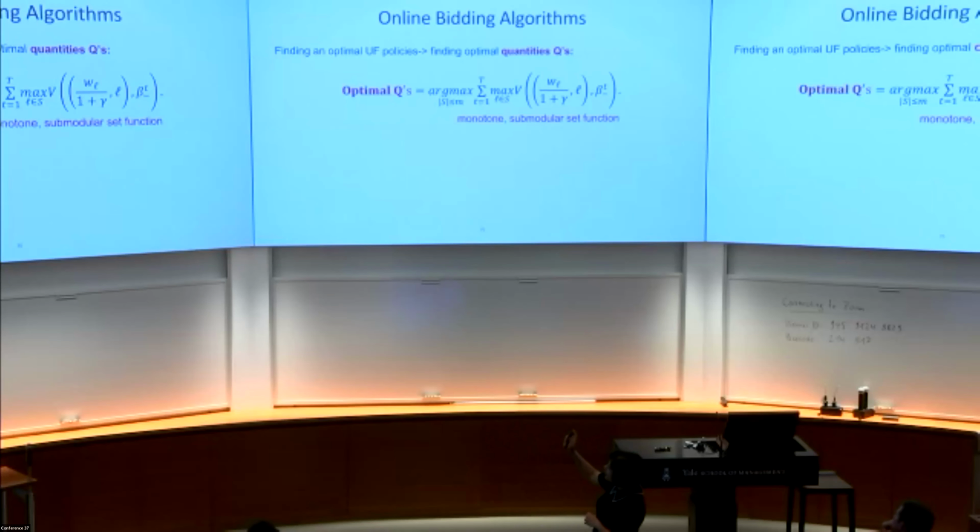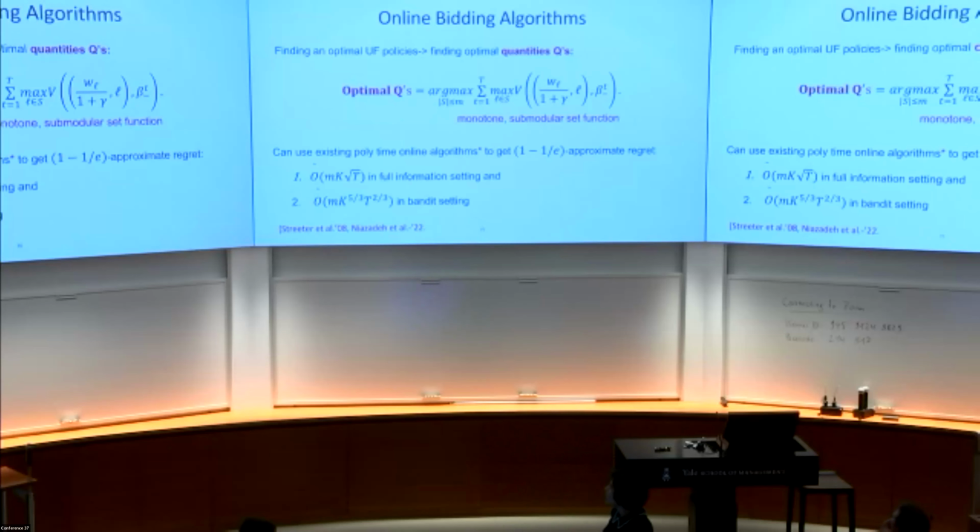It turns out that this optimization problem is a set function optimization, where the set function is submodular and monotone. Once you have that, there are existing polynomial time algorithms that give you a 1 minus 1 over e approximation, so my job is quite easy for that part of the paper.